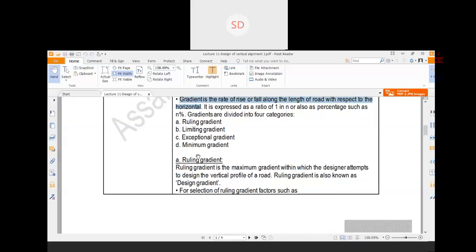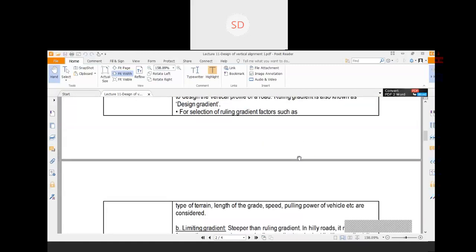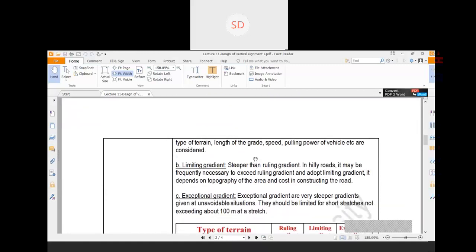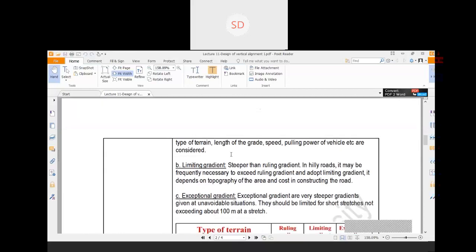Based on the ruling gradient, you will decide the cut and fill of your entire embankment section, as well as the vertical profiling of the road. Now, there are different factors on which this ruling gradient depends.